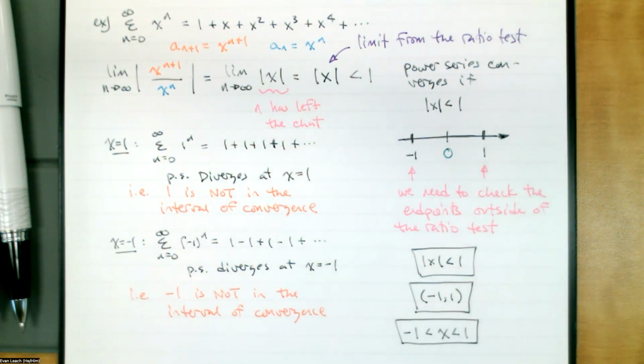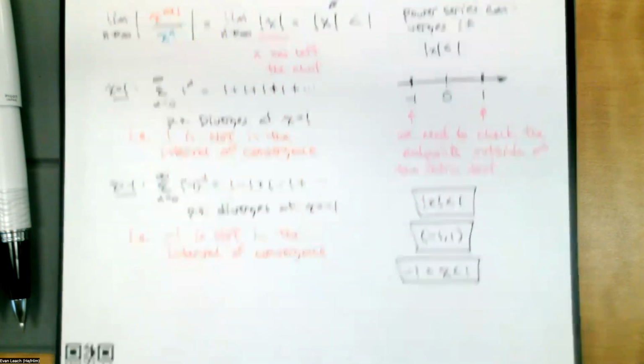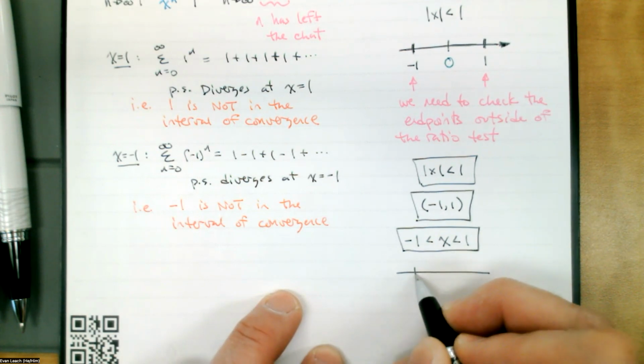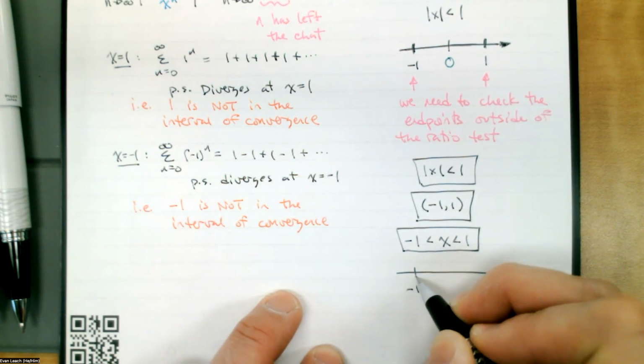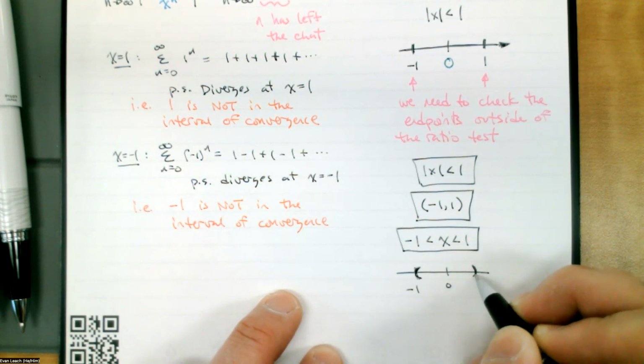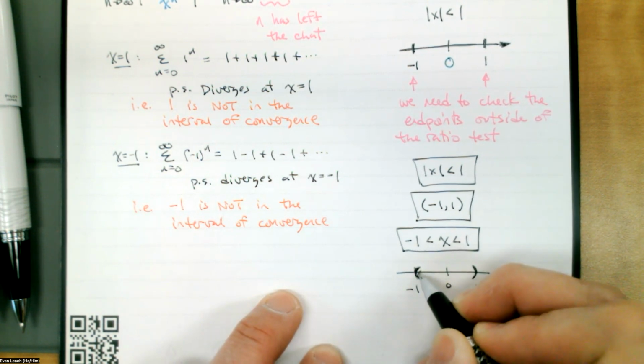This third one is the most shorthand one. We could draw a picture of our interval of convergence. -1 is not included, the center is at 0, 1 is not included, and I want everything else.